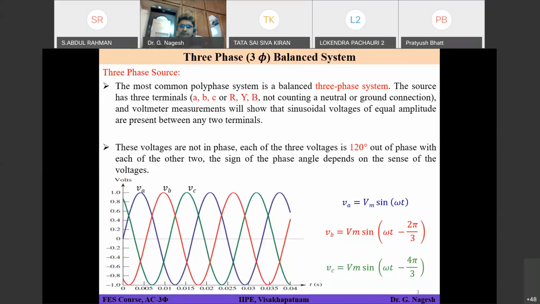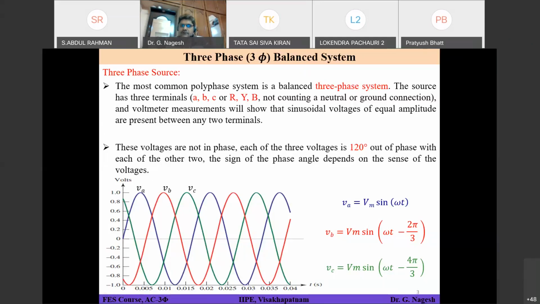If you draw the instantaneous waveform of all three line voltages, you will observe a phase shift of 120 degrees, whether line voltages or phase voltages. The sign of the phase angle depends on the sense of the voltages. Whether you want to consider plus 120 or minus 120 depends upon the phase sequence which you are going to consider.